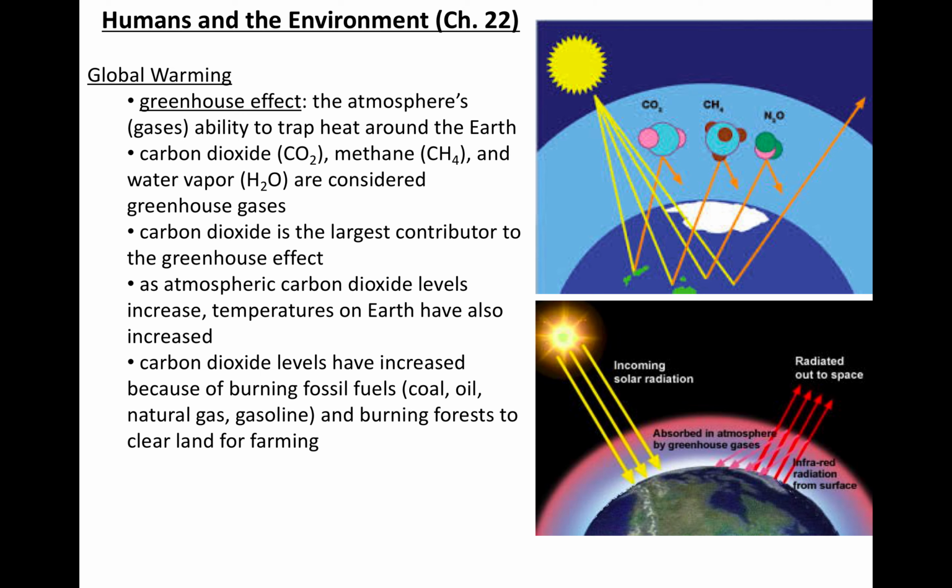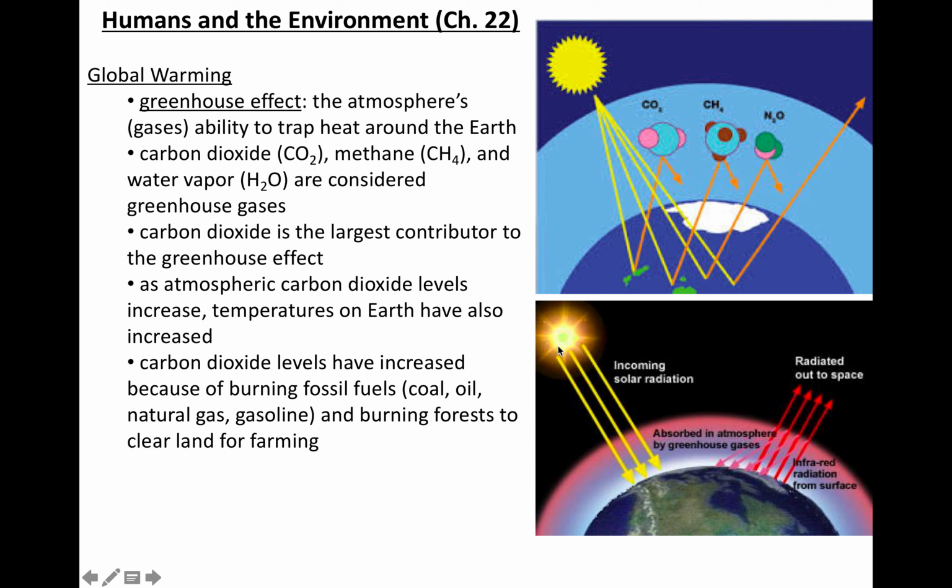Burning fossil fuels, burning anything, combustion is going to release CO2. So we burn so much here on Earth that we are releasing excessive amounts of CO2, and that CO2 is now trapping a lot of this heat that can't make its way out to space. So it's getting re-emitted back towards the Earth. The Earth is gradually getting warmer and warmer over time. This is the greenhouse effect.